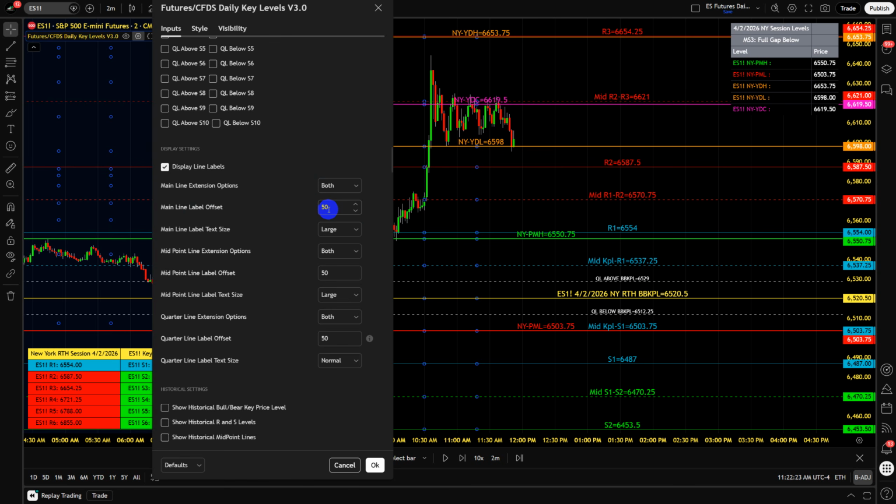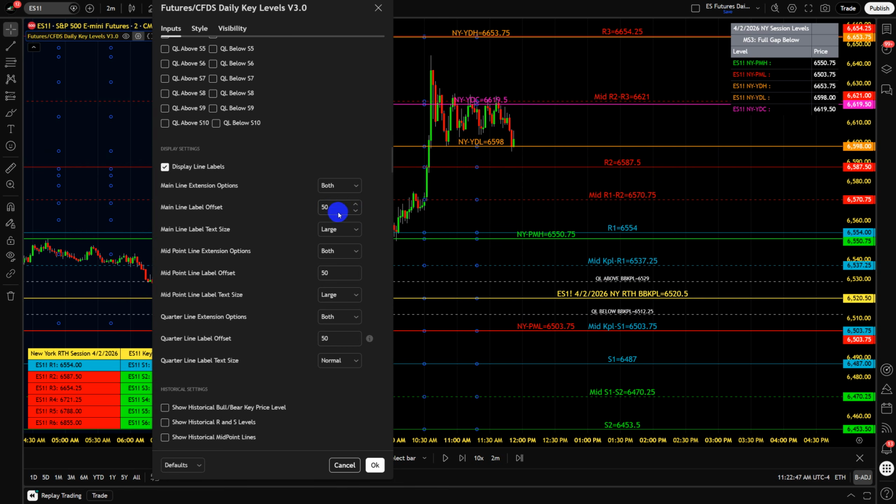Mainline label offset 50. This is a plus number of 50, even though there's not a plus here. That's what this means. What this means is that the middle of the line label is 50 bars away from the current price action. If you want to make this a lesser number, it'll move these closer to price action.